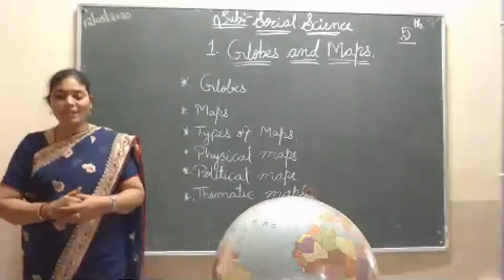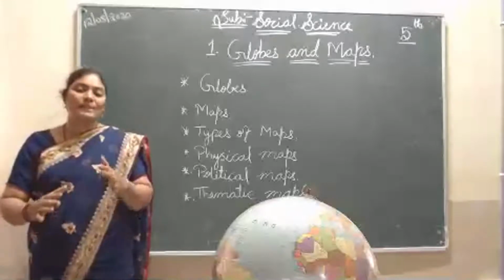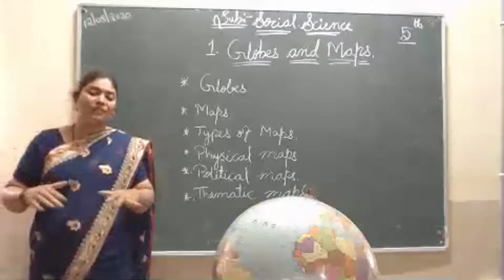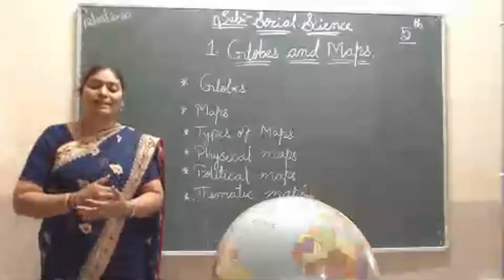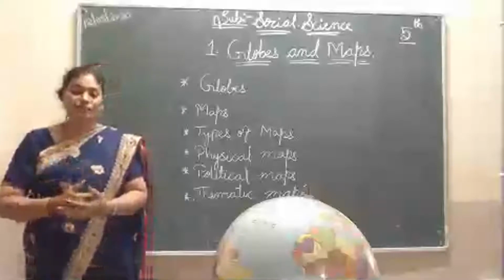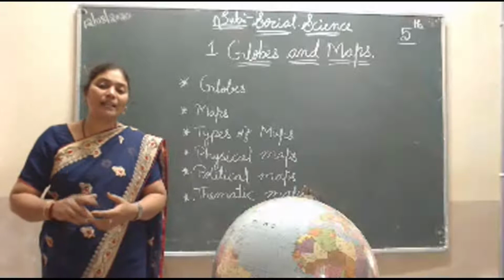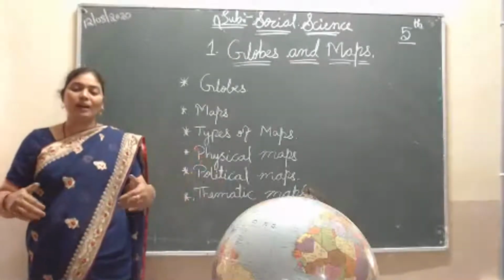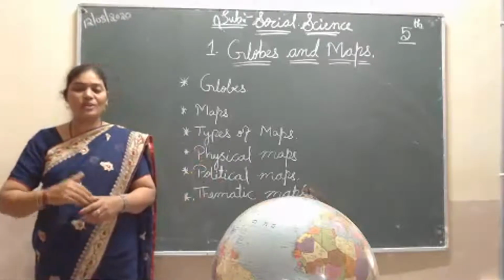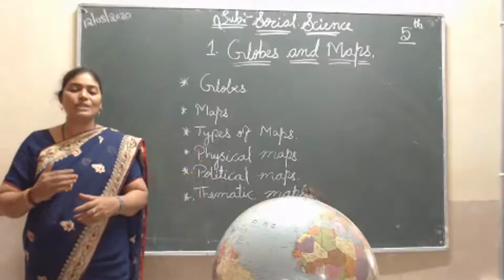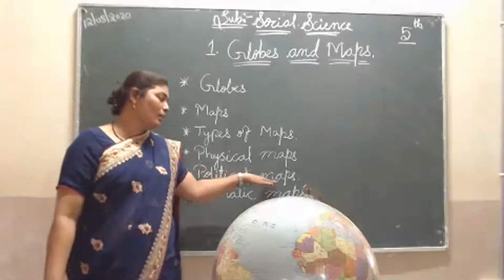If we take our town's political map, they show how many towns are on the other sides, and which town boundaries are attached to our town. So these are political maps.